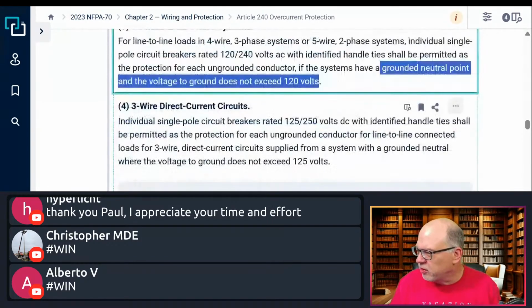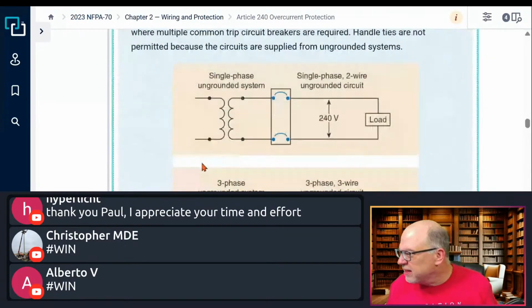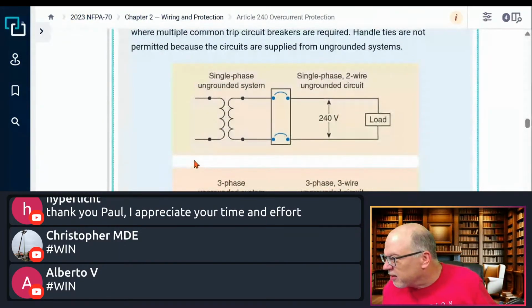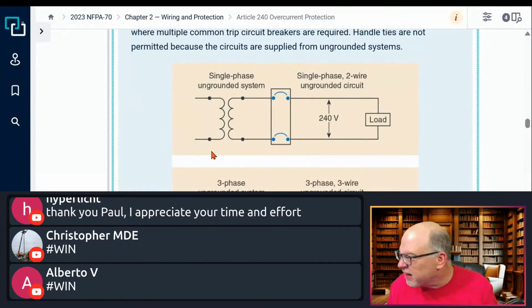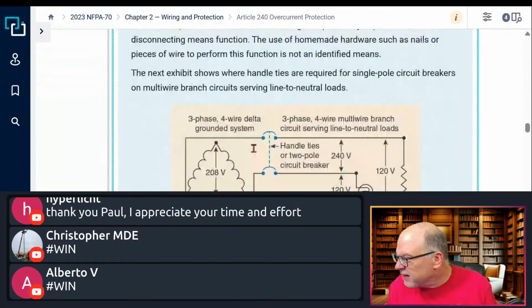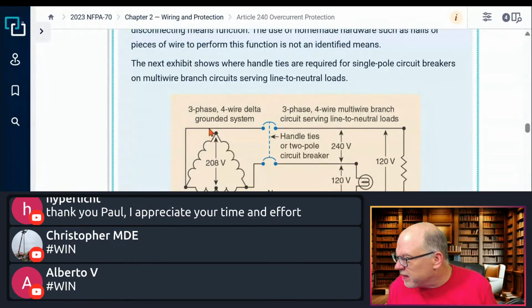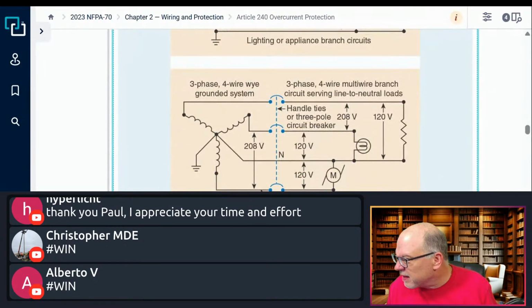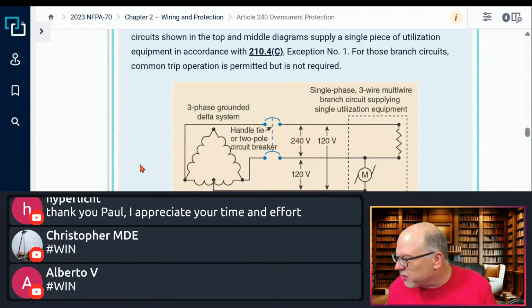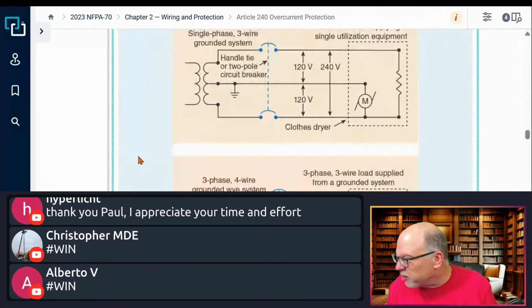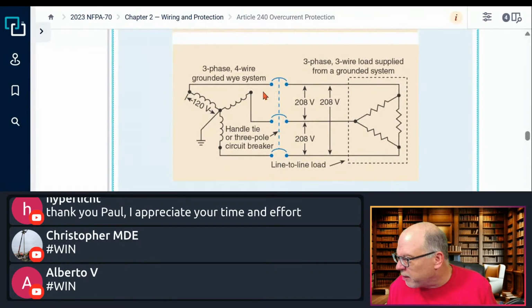So, I don't know that the illustrations here are worth looking at. Anyway, here's a single phase 240 volt breaker. I guess it gives some different examples of it, none that we'll go into. Here's an example right here of a 3-pole breaker, 3-phase 4-wire.